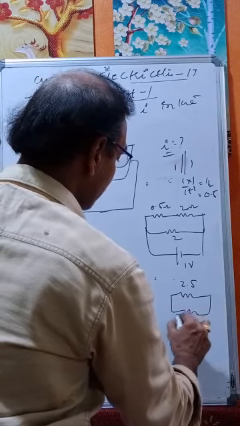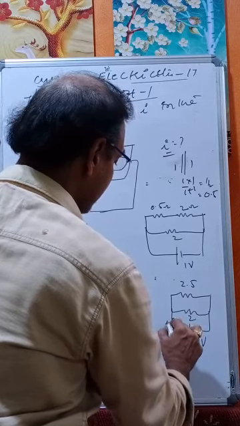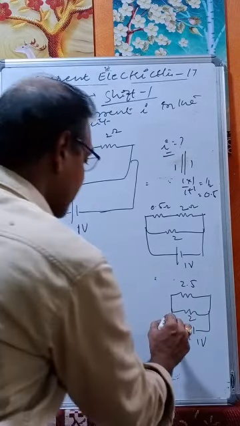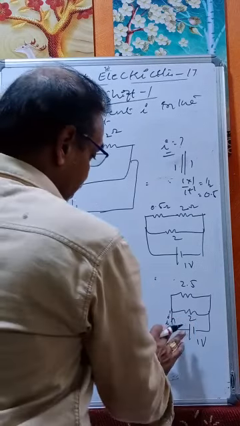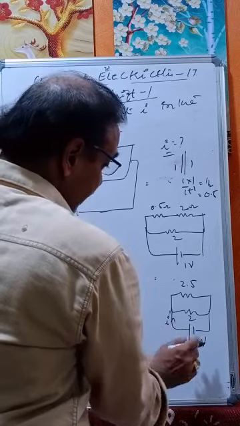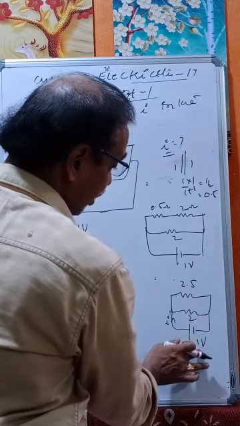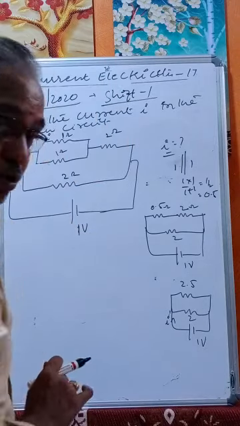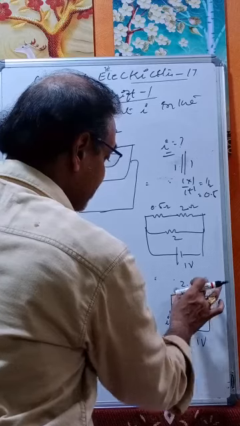This is 2 and this is 1 volt, and the current is I. Now let us say the current is I dash. This 1 volt appears across this one. 1 volt appears across 2 ohms, isn't it? This same 1 volt appears across this one.